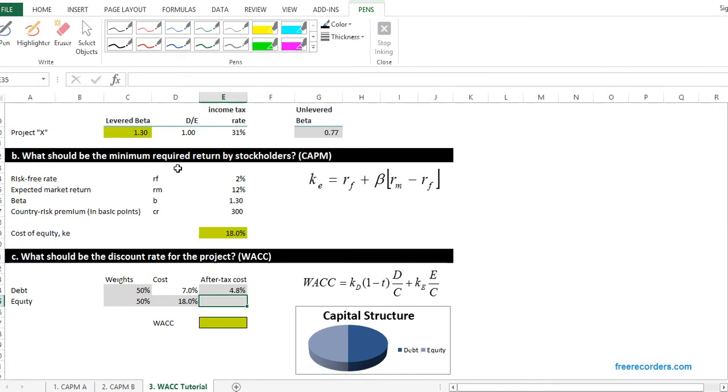And then the cost of equity is simply 18%. Now we can calculate an average, which is weighted by the proportion of each financing source in the capital structure. Here we have 50% of the company financed by debt, which costs 4.8 per year, and the other 50% of the company is financed with equity that has a cost of 18%.